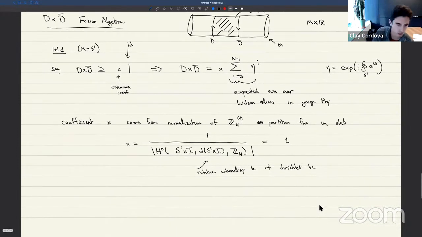To summarize, what did we get? We got that in this Zn zero case where we gauged it, we had zero form symmetry lines eta to the i, i equals 0 to n minus 1, obeying a standard Zn fusion algebra.